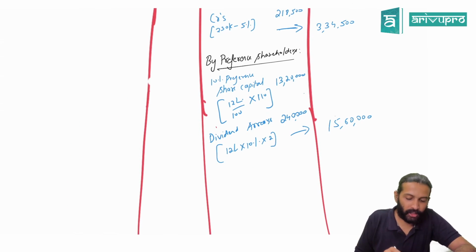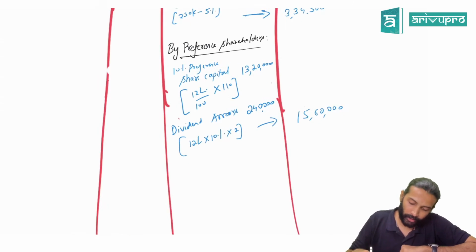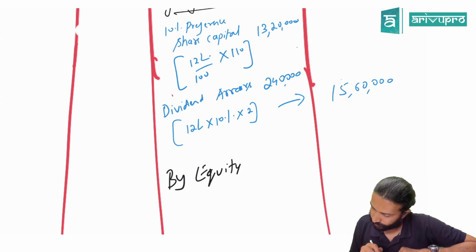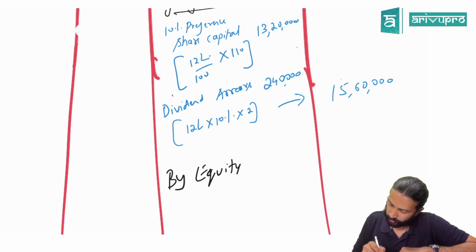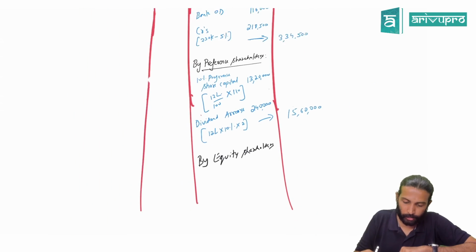After doing this, if any money still remains, it will be given to whom? Equity shareholders. That means you will write here by equity shareholders. By equity shareholders. Check, sir, how much money is available with you.